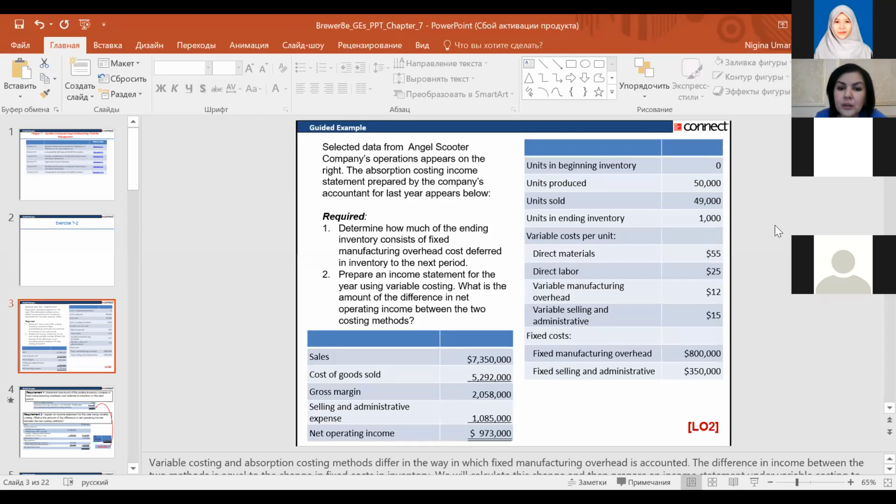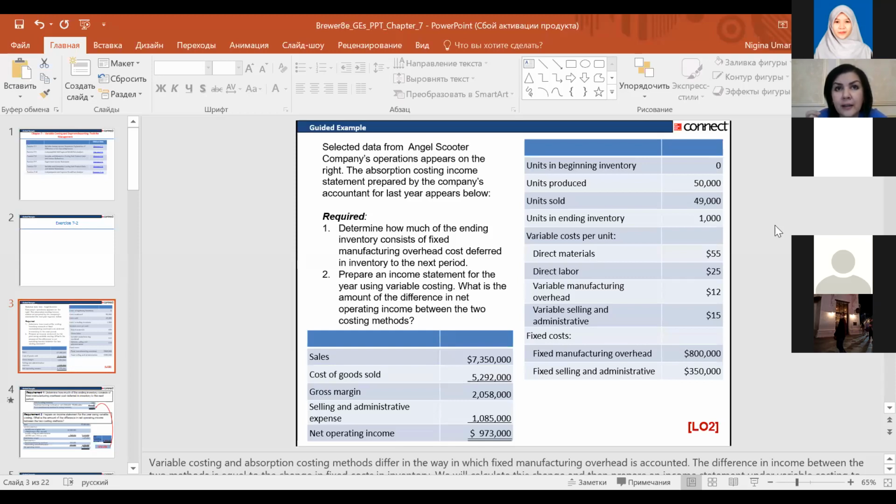So what is the total amount of fixed manufacturing overhead given in our table? 800,000. Yes, 800,000. This is total fixed manufacturing overhead.